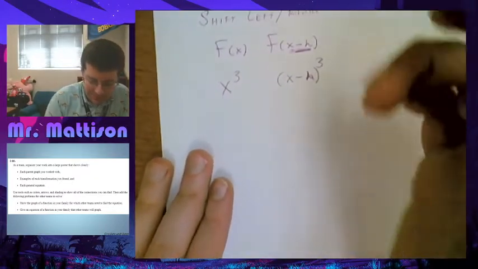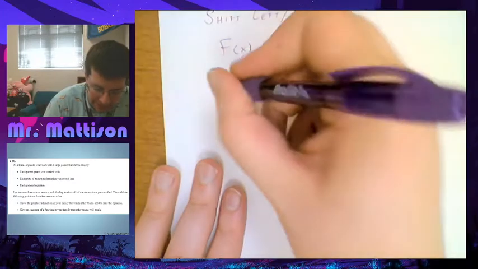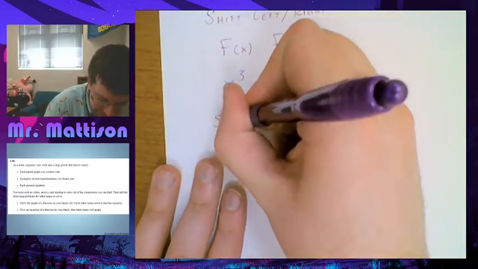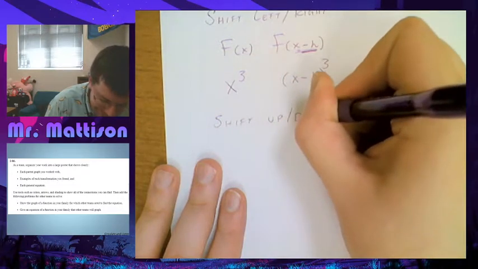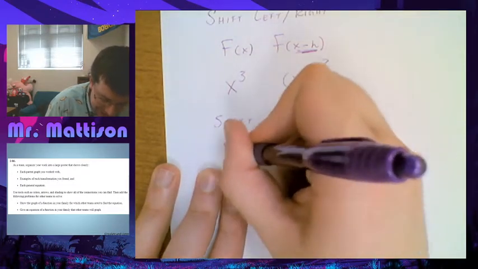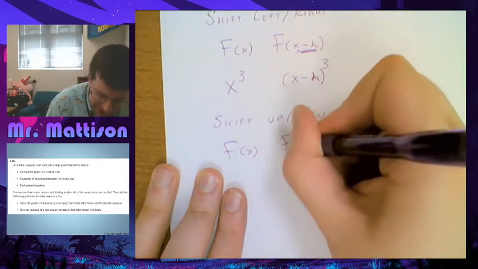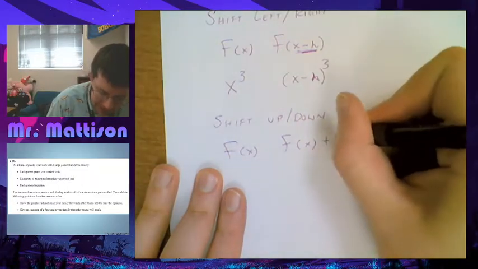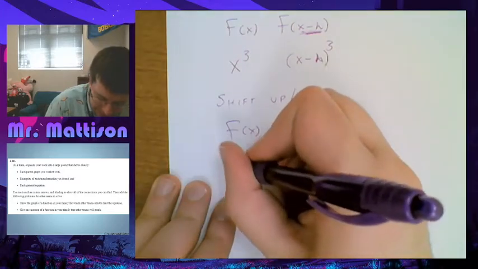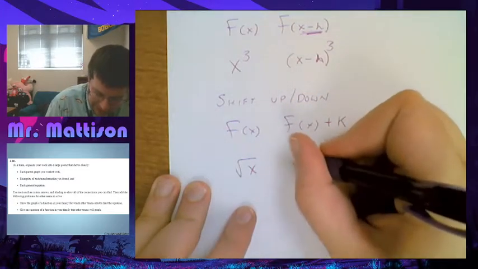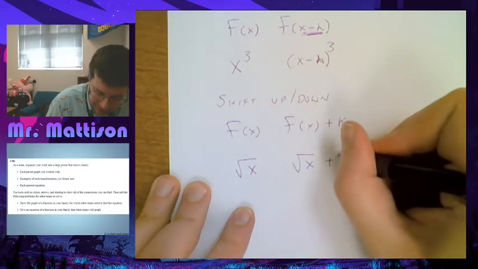And then if I want a vertical shift, so shift up or down, we're going to take our base function, and we're just going to add to the outside. An example of that, if I had square root of x, I'll do square root of x plus 5.